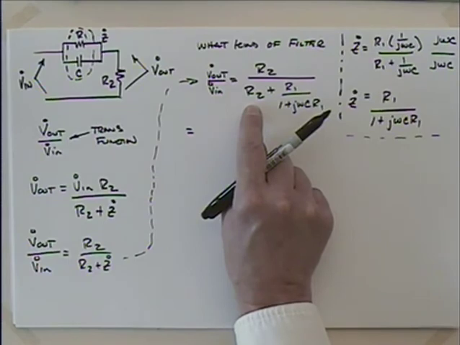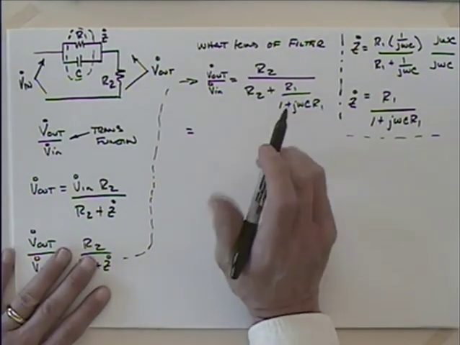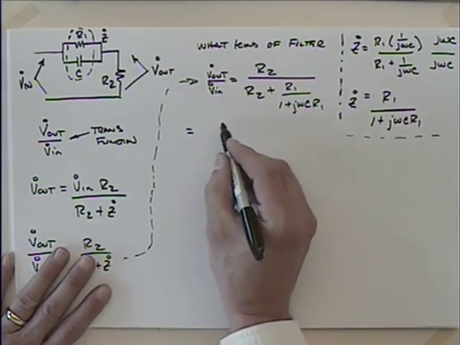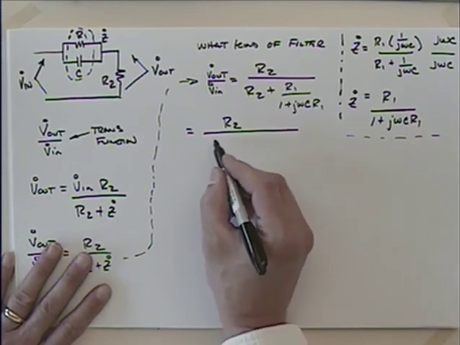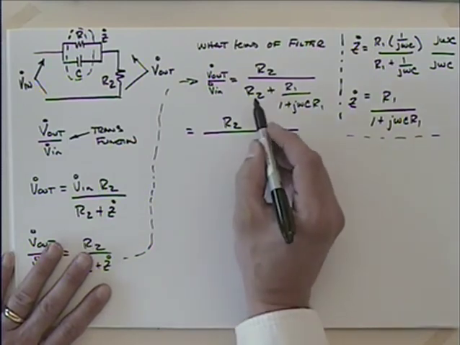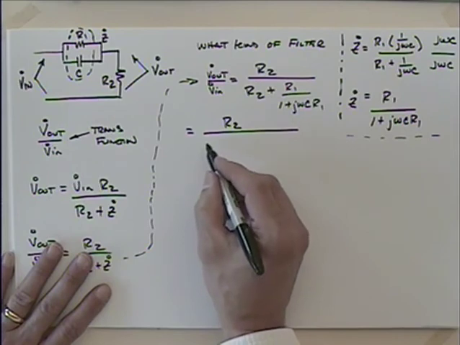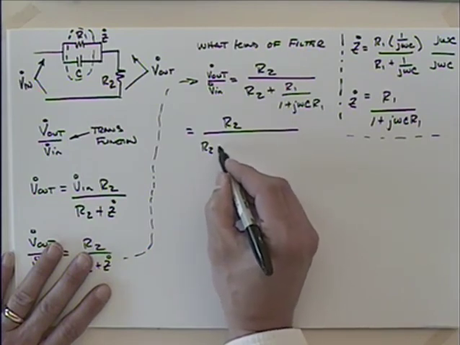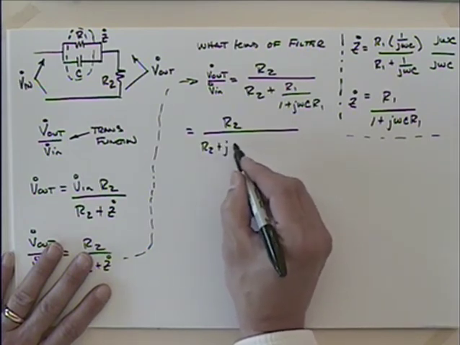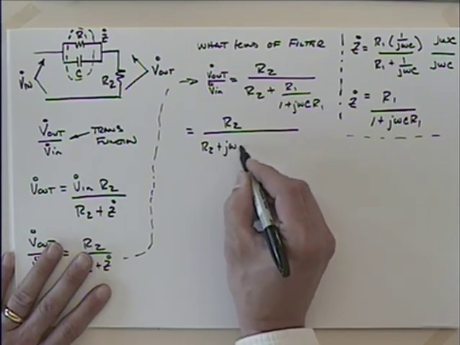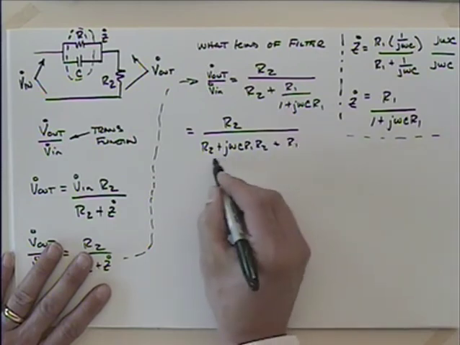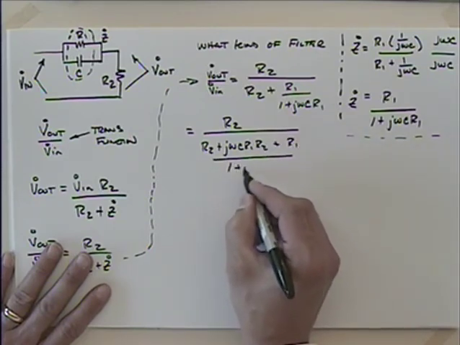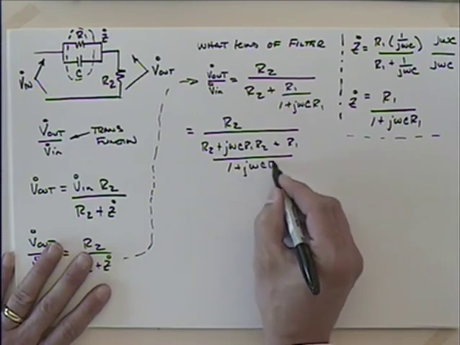If R2 wasn't there, then I could just flip that, and life would be good. But eventually I will get there, I'm going to have to get a common denominator. So I'm going to have this R2, and then I want to multiply R2 times this thing to get a common denominator. So I'm going to have R2 plus j omega C R1 R2 plus R1, and then it's all divided by 1 plus j omega C R1.